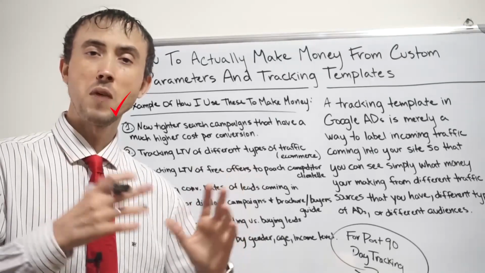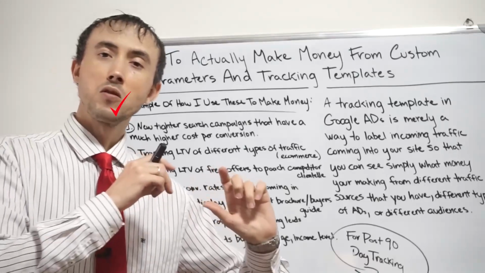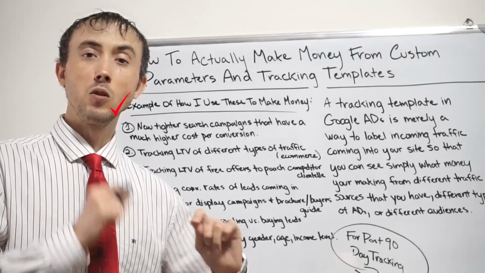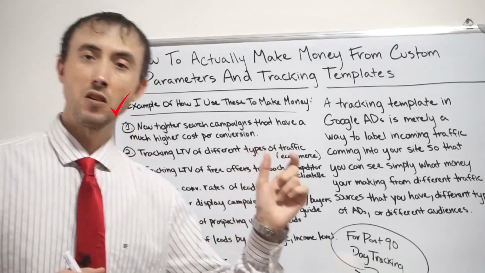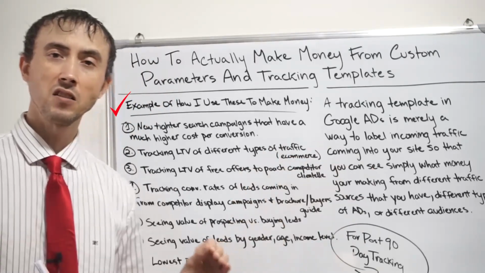But those are the two main ones that you would want to pick up using this. Google allows you to put these value track parameters at the end of the URL of the ad automatically using the final URL suffix box.